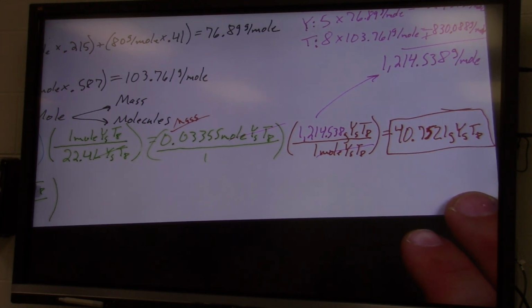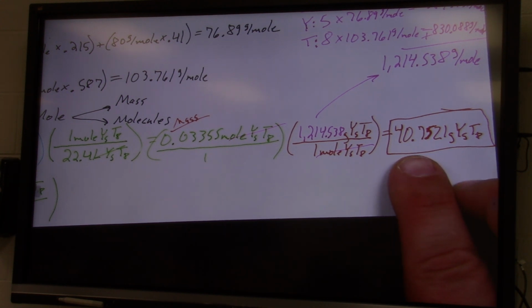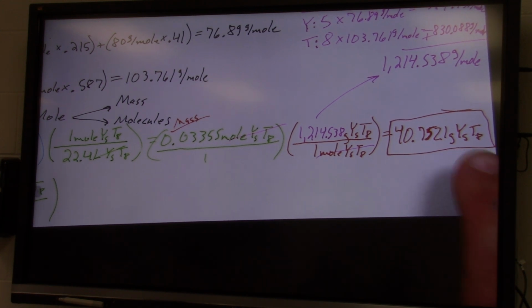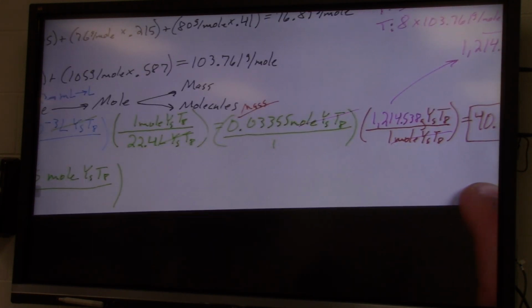He's got 0.75, the 40 ones wrong. That's just because you punched in the calculator. It doesn't matter, I won't count that against you. He just put in like 0.3355 instead of the whole big round number. Yeah, that's fine.